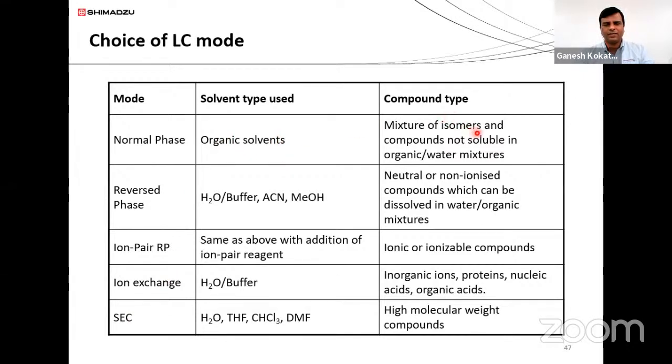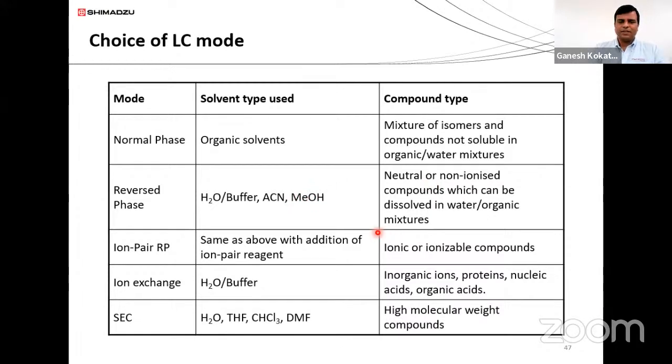I already explained that isomers are molecules which are not soluble in water or organic molecules. For those kinds of analysis we can use normal phase as the LC mode. If the molecule is neutral, non-ionized, and easily dissolved in water or an organic mixture, it is easy to use reverse phase chromatography in that scenario.